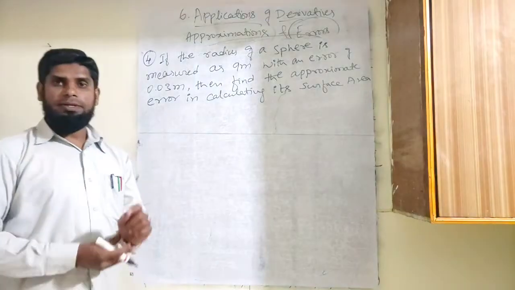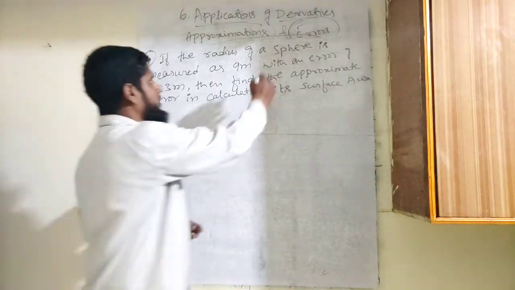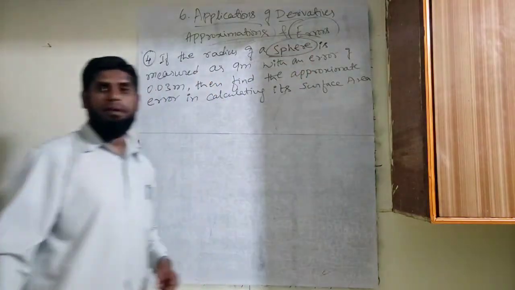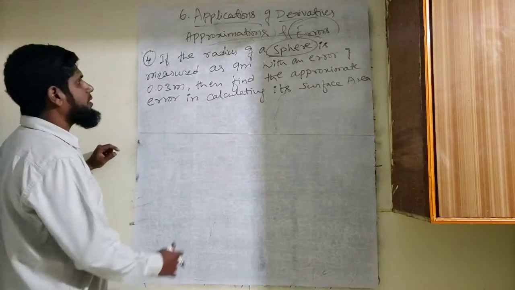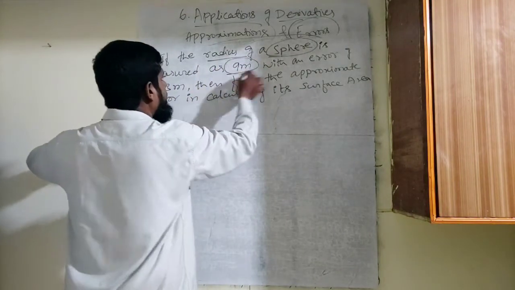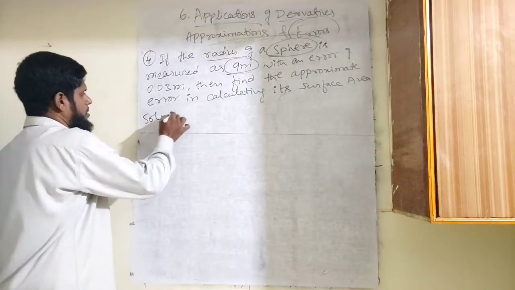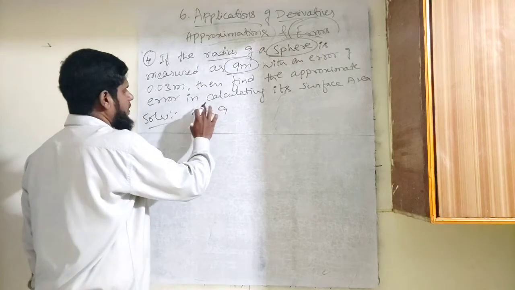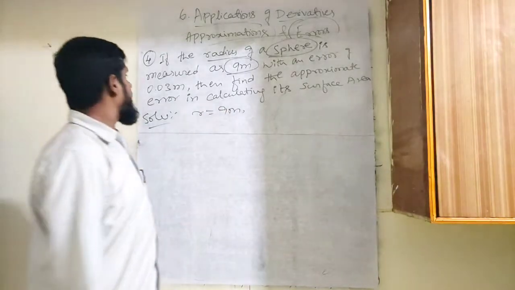So this time he has clearly given everything, and again it is related to a sphere. Means it is related to the previous problem, and this time he has said that the radius is measured as 9 meters. Okay. Solution. Radius is given. It is 9 meter with an error in radius.